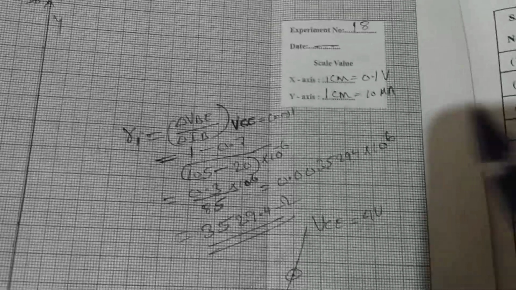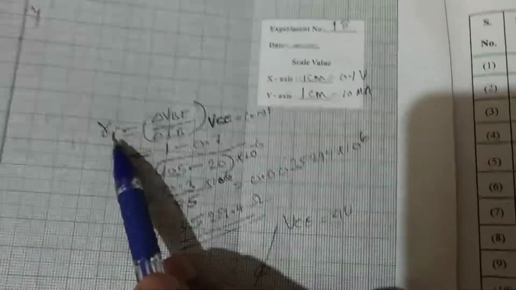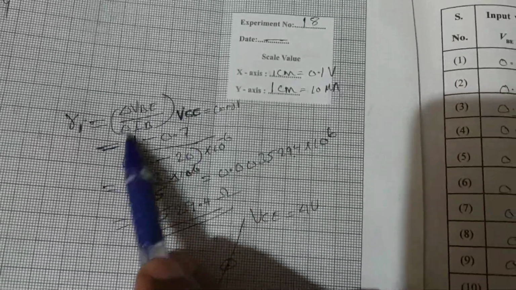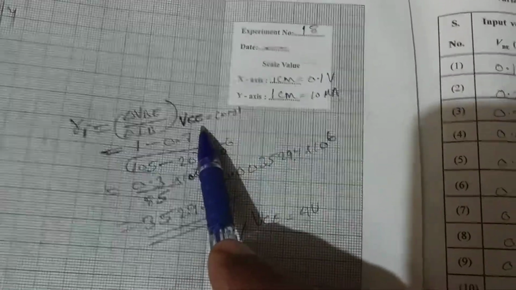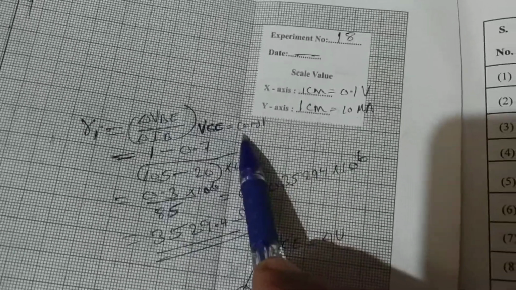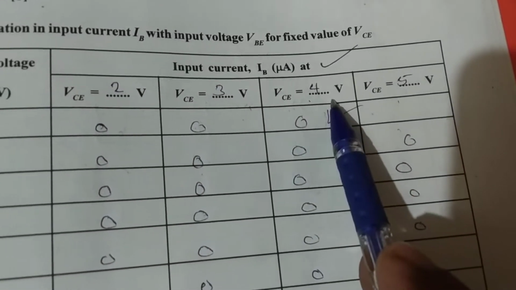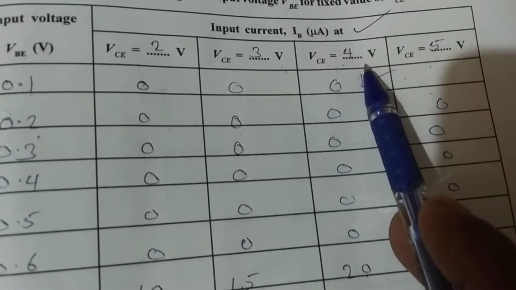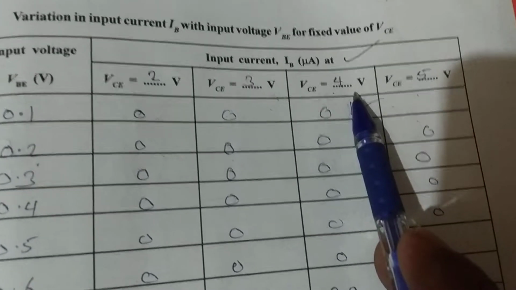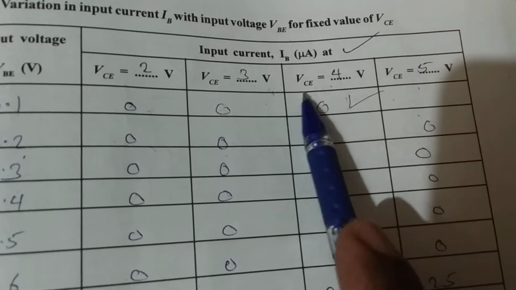Now the calculation of input resistance. The input resistance equation is delta VBE by delta IB for VCE equal to constant. So here the constant VCE that I am taking is 4 volt.